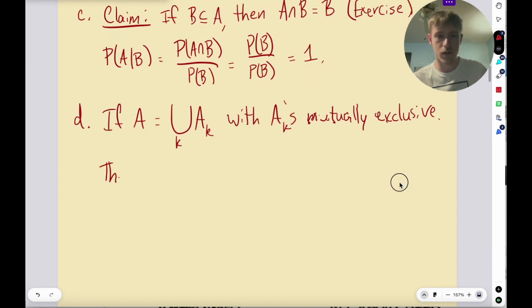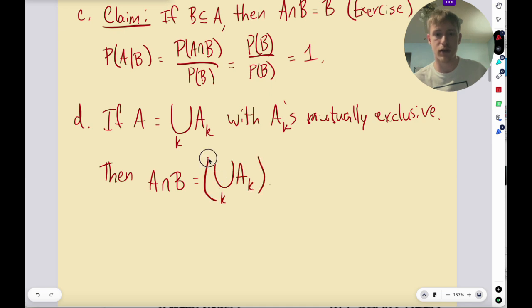First thing to note is that A intersect with some event B, by definition, is going to be this union intersect with B. But there's some sort of distributivity that I talked about in an exercise from last chapter. So this B is essentially going to distribute into the union.